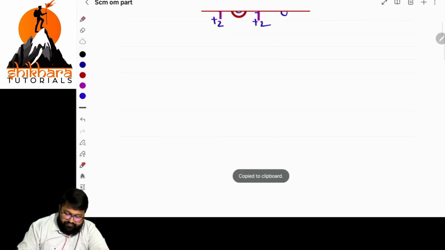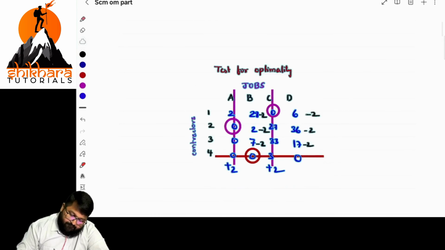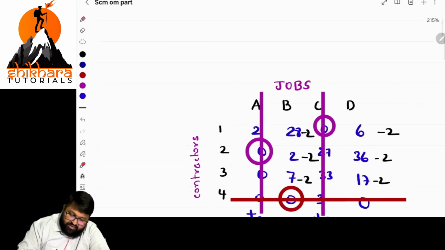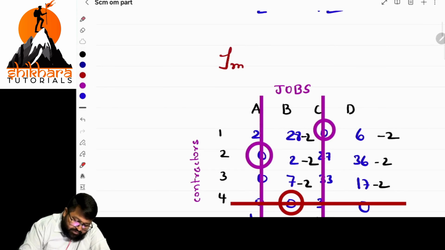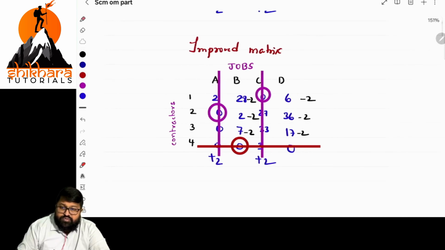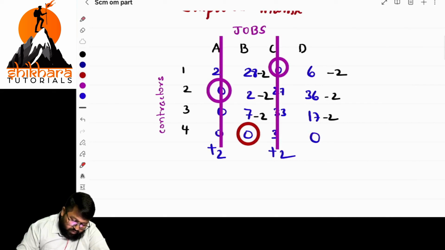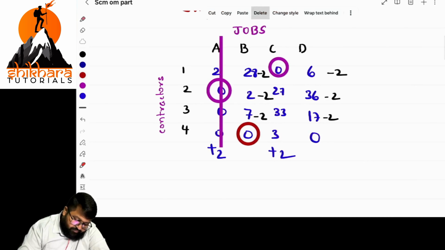So now, this is nothing but what? It's the improved matrix. For the improved matrix, these lines are not required now. We'll draw them again.